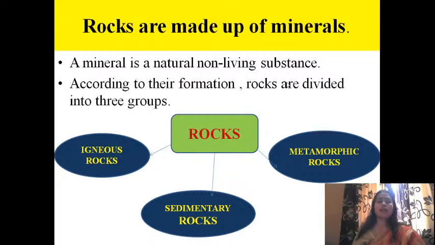According to their formation, rocks are divided into 3 groups. Here you can see on your screen. What are the 3 groups? Igneous rocks, sedimentary rocks and metamorphic rocks. Once again I repeat, igneous rocks, sedimentary rocks and metamorphic rocks.